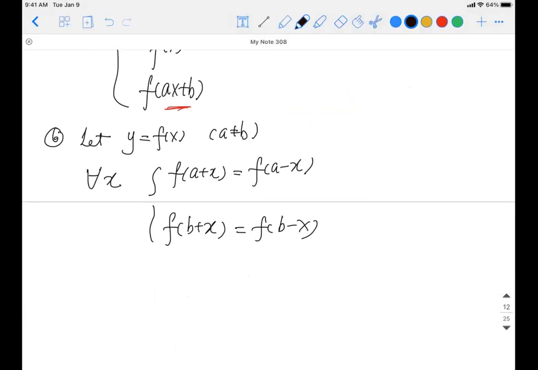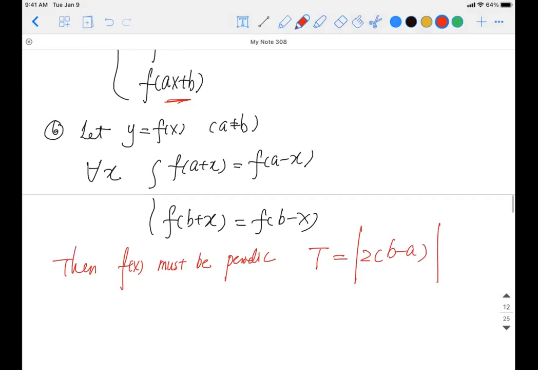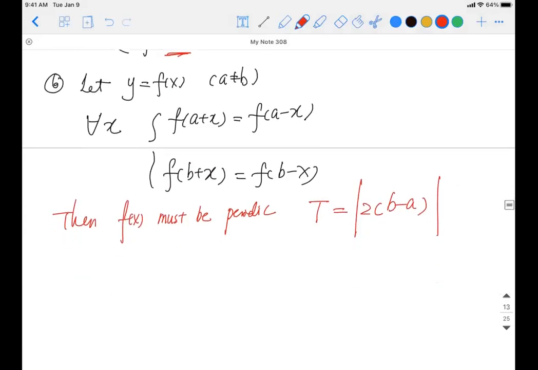If you have f(a plus x) equals f(a minus x), also f(b plus x) equals f(b minus x), then f(x) must be periodic, and the period is 2 times the absolute value of b minus a. I want to take an absolute value of 2(b minus a).